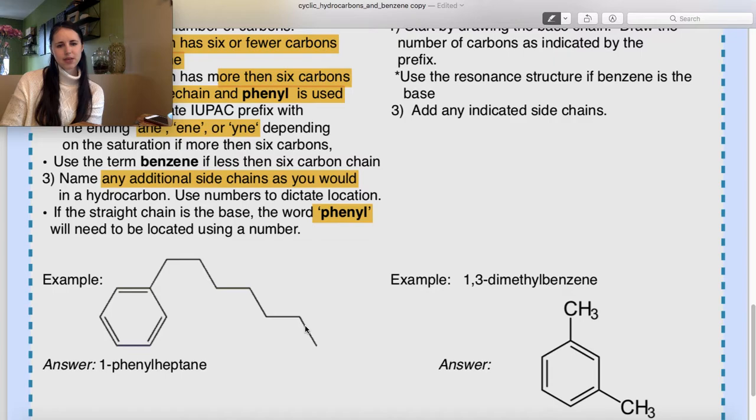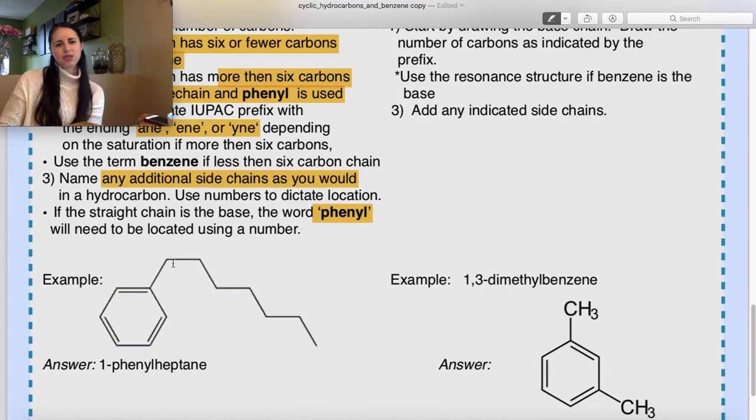Our first example is here. We've got this long straight chain, and we've also got this structure over here. So I'm going to count: 1, 2, 3, 4, 5, 6, 7. This line that I'm highlighting right there is actually a bond between this carbon and this carbon. So this main chain here actually only has 7.